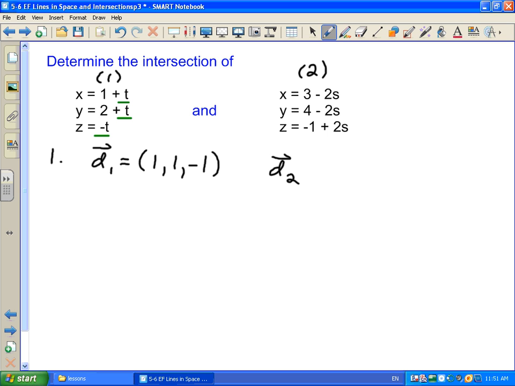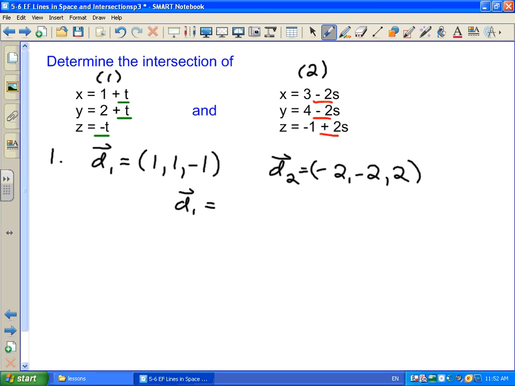And for line 2, our direction vector is -2, -2, and 2. So what do we notice about these two direction vectors? Richard? Yeah.